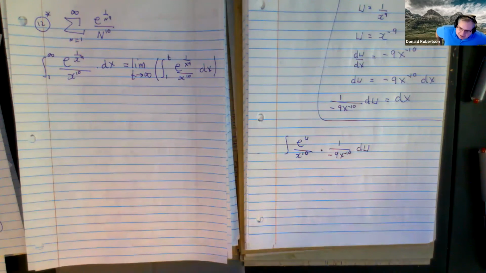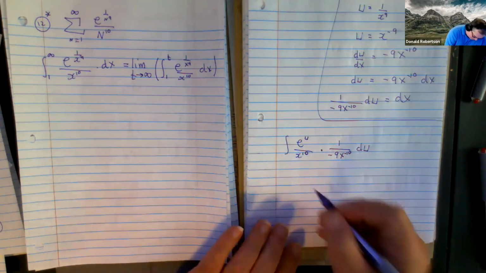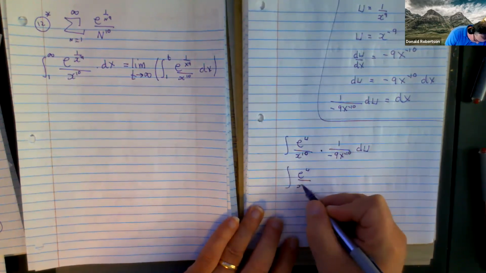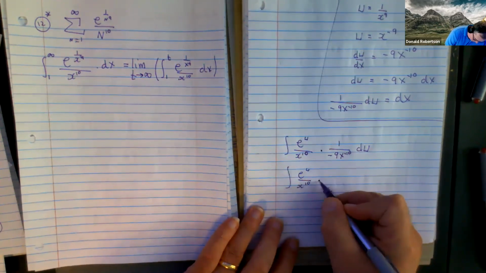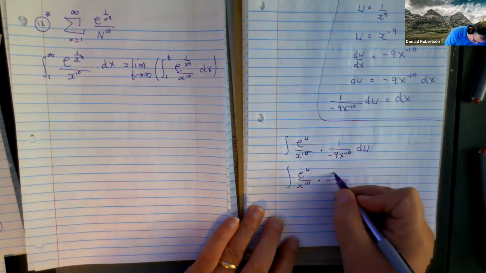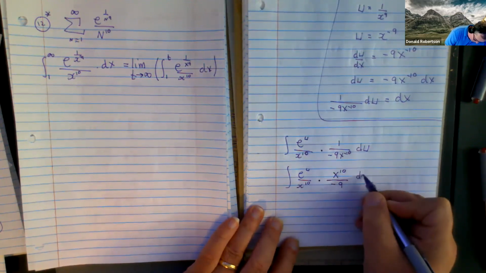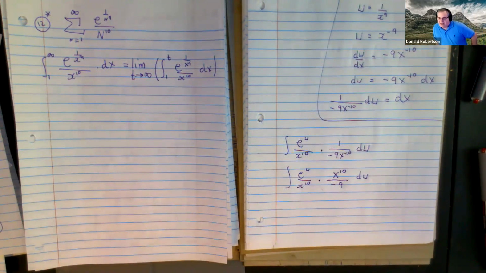And if you're beginning to panic here a little because it looks like the x's aren't going to cancel, hold that thought for just a little while, right? Isn't x to the negative 10 on the bottom the same thing as x to the plus 10 on the top?